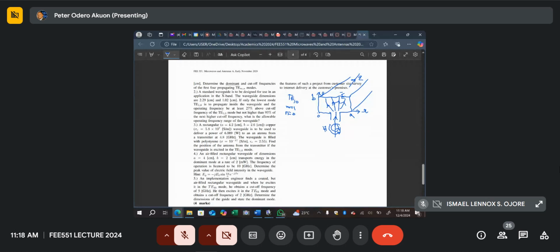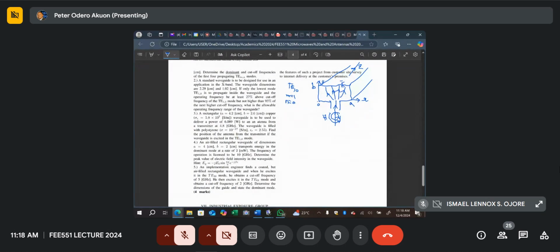What about a TM11 or a TE11? How would you place your probe? For 11, it means both half-wave variations exist, for M and N, where M is equal to 1. Let's say TM11. So if we are to place that probe at half Y and half X, you need to try to draw it in 3D.